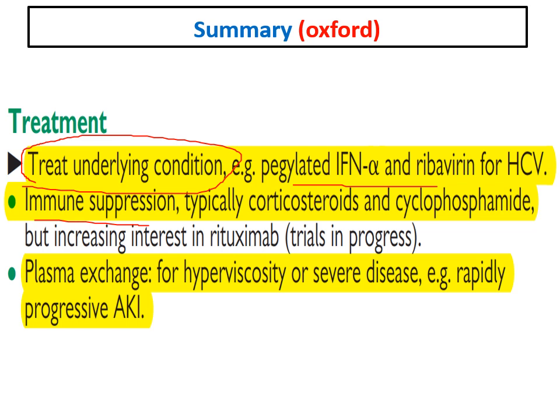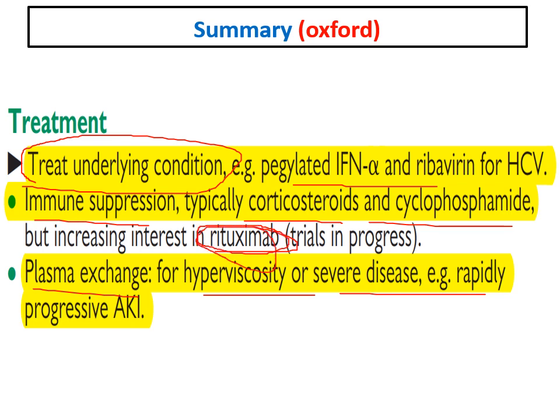The most commonly used regimen before was steroids and cyclophosphamide with or without plasma exchange. Plasma exchange is used for hyperviscosity in severe cases, but nowadays rituximab has become the first-line immunosuppressive drug. Rituximab can be used alone or with steroids, with or without plasma exchange.